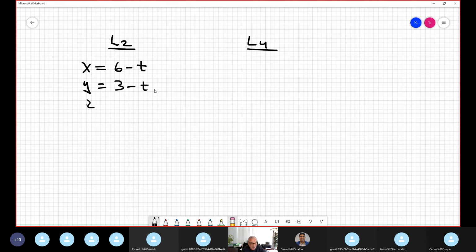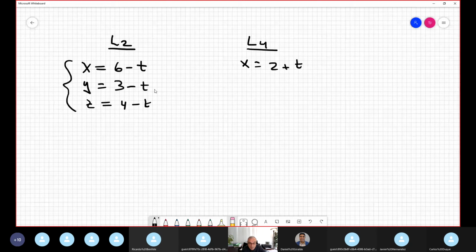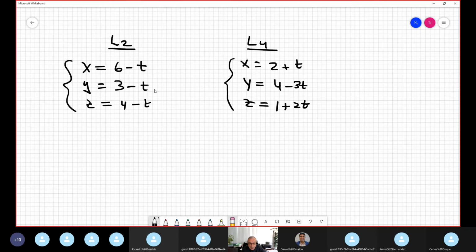Okay, this is a parametric equation for line 2. And line 4 is different.